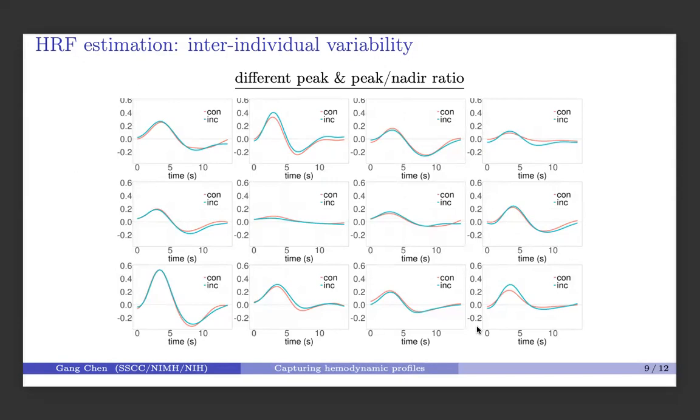However, there are two major differences across individuals. The peak height, right? That indicates the extent of hemodynamic response magnitude is different across individuals. But another tricky thing is the undershoot. The relative magnitude of the undershoot, how deep the undershoot is, is quite different across individuals. We still don't fully understand the mechanism for undershoot, right?